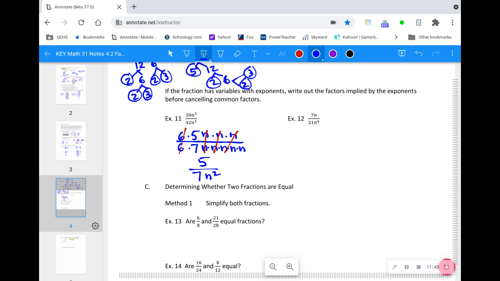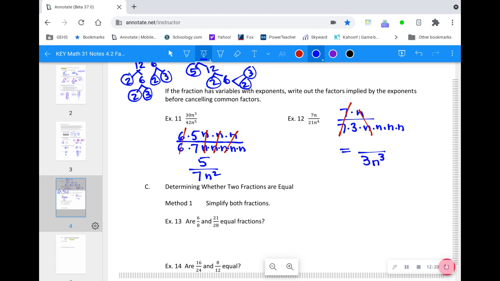Okay, the next one, number 12, if you write it out, 7 and 21 both divide by 7. So I'm going to write it as 7 times n. And down here, 7 times 3. And then there's 4 n's here. Cross off the common factors. And we get 3n to the third power on the bottom.